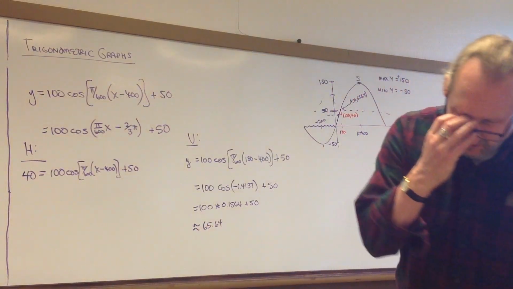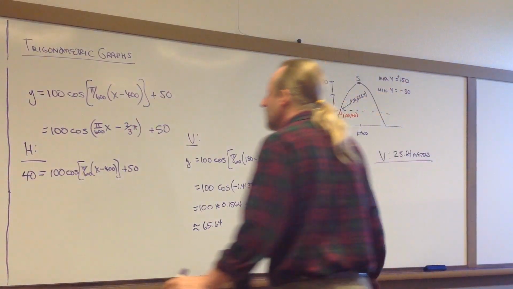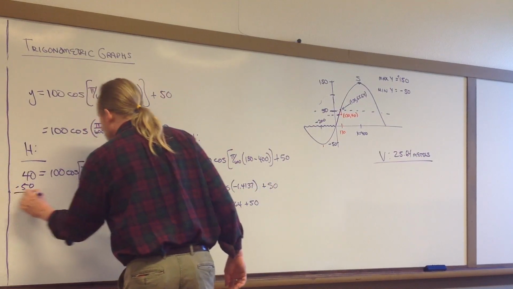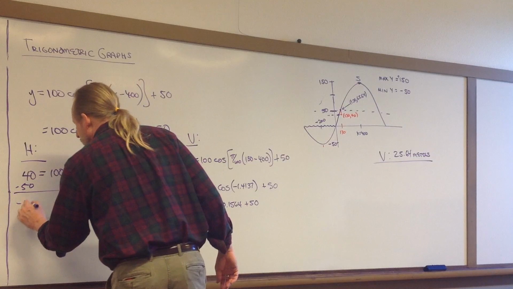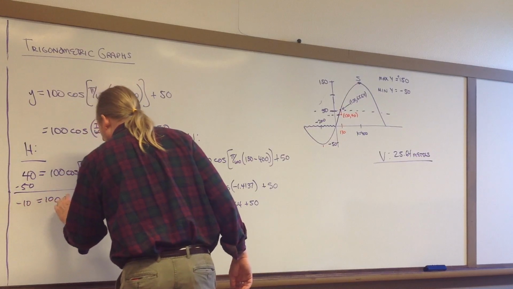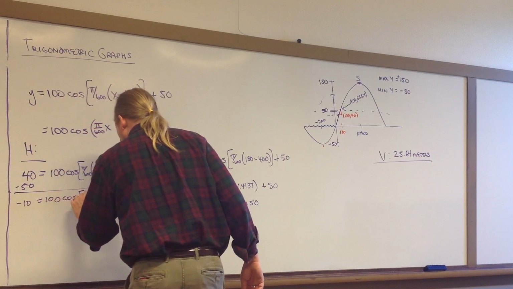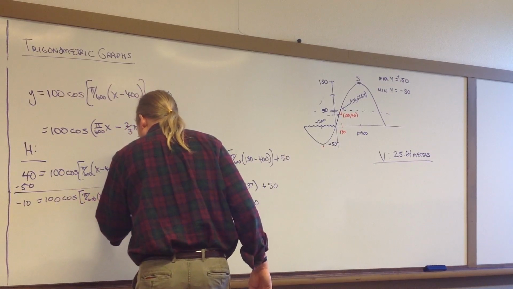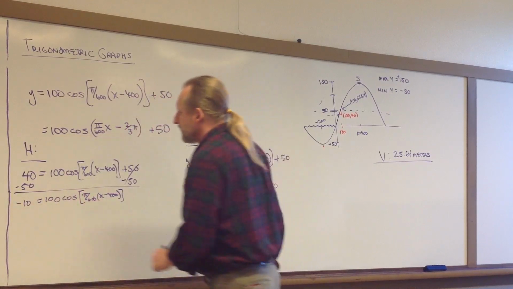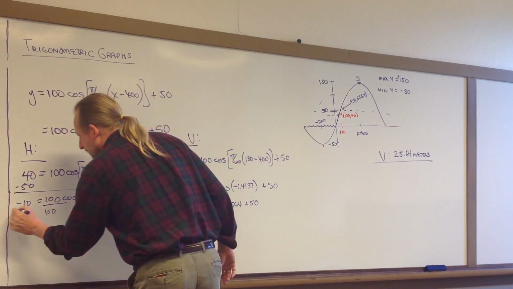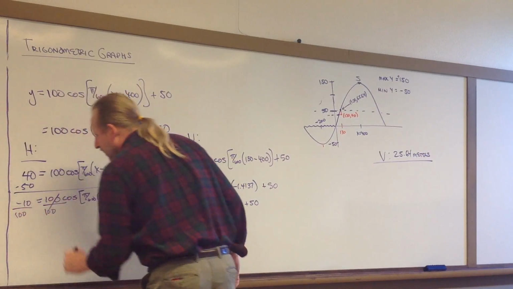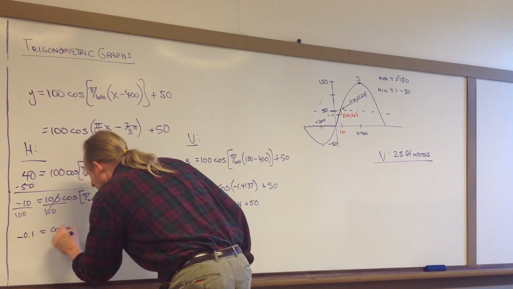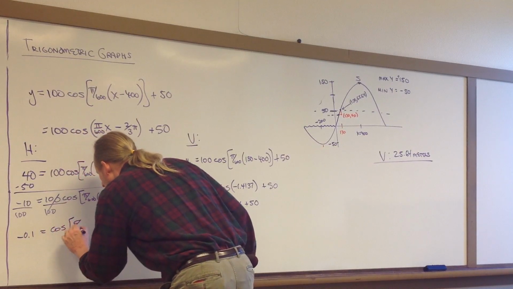Okay, so this is a little bit trickier. Let's see, we're going to subtract 50 on both sides. This will be negative 10. And then divide on both sides by 100. So this is going to be negative 0.1 for the cosine.